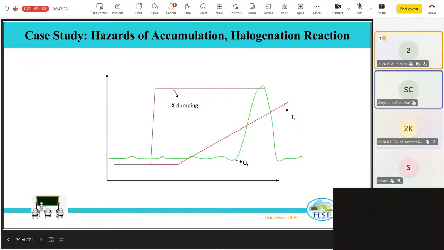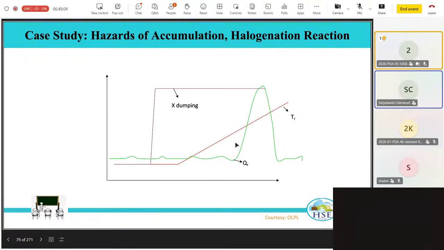There is a halogenation reaction wherein halogen is dumped in a vessel, and then heating is started. So if you see, this is the material dumping. You see the purple color of the material is dumped, and after it is dumped, the heating is started here. And at one particular temperature, heat is suddenly released.